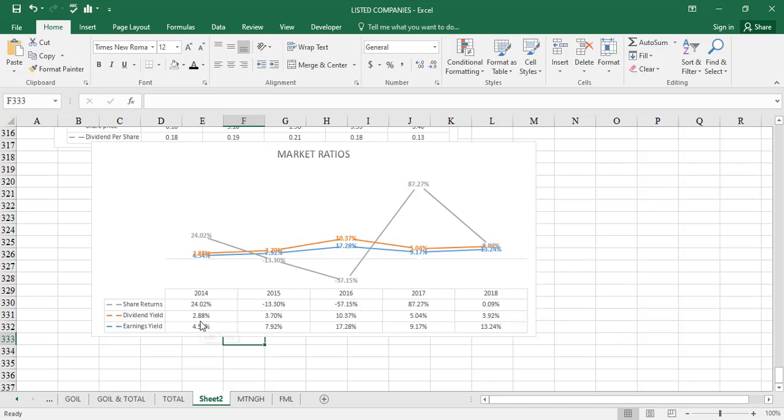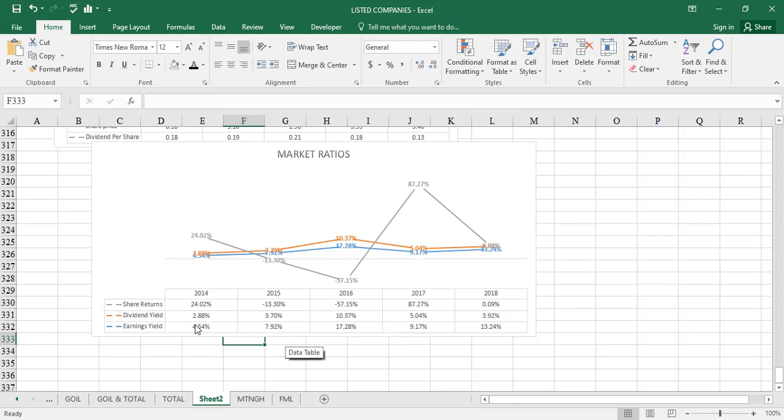Now if you look at the dividend yield, as I explained earlier, which represents how much you are generating in dividend for every cedi that you invest in the company. Okay, so dividend yield in 2014, realize that it is 2.88%, and it has been on the increase, though stable.